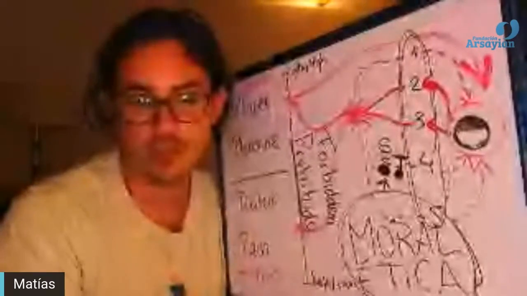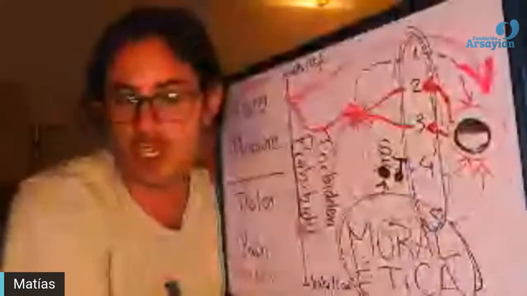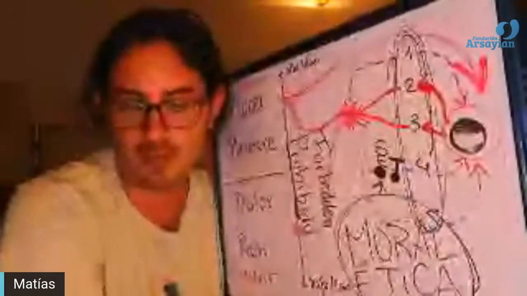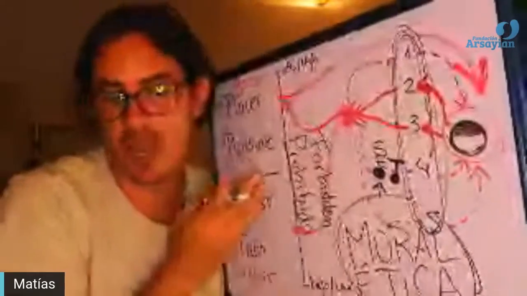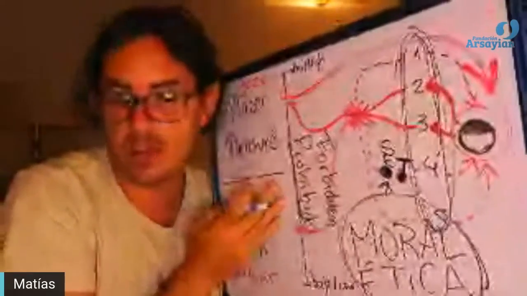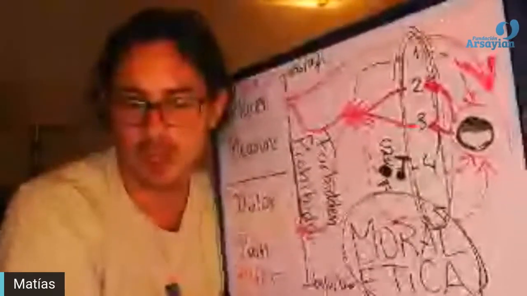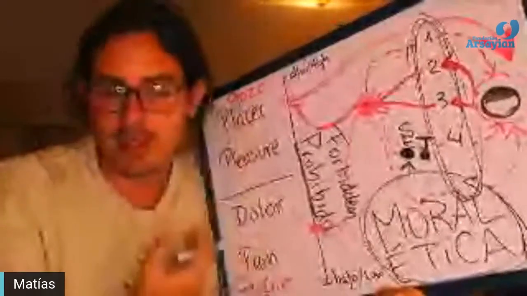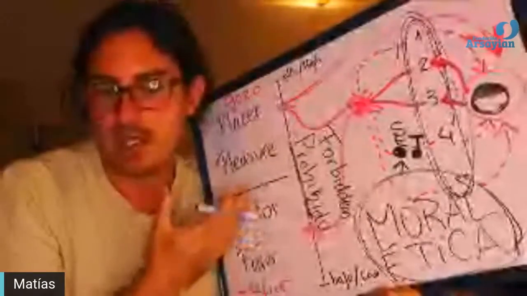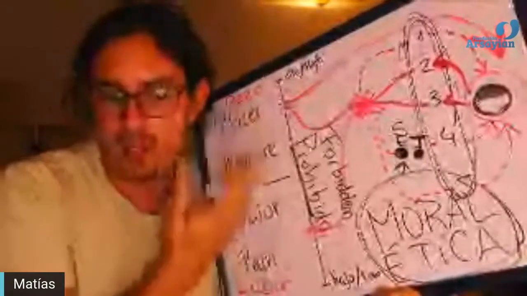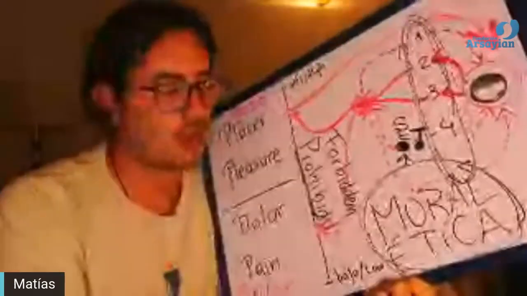This is because our perception of the environment changes according to time and space. So what for us today is forbidden, for other cultures maybe it's not, and the other way around. This is why it's very difficult to judge what is really pleasure and pain compared to what is forbidden.